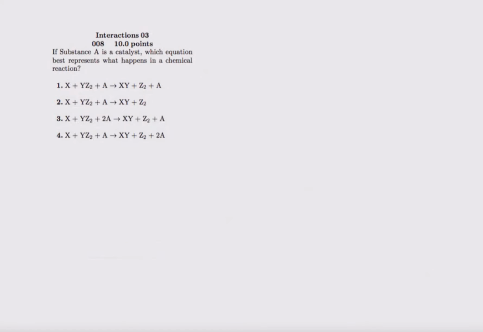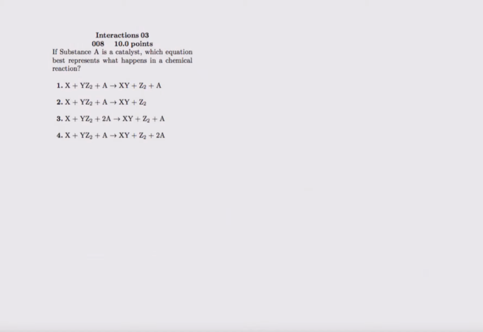All right, how do we recognize a catalyst when we're looking at an equation? Well, what you have to remember is two things about catalysts. They lower the activation energy, which makes the reaction go more quickly. The other key thing is that a catalyst does not participate in the reaction.